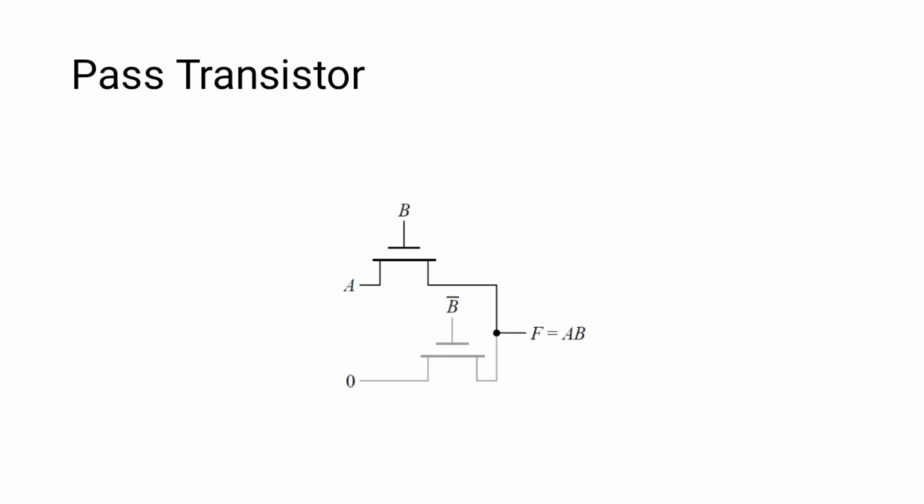So A won't flow to F. Now, below that, B bar: in the upper transistor B is 0, so B bar is 1, and your 0 will flow to F. So based on the B input, whatever output we want to display at the output, we can select through these gate input terminals.